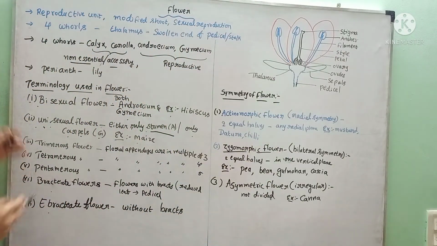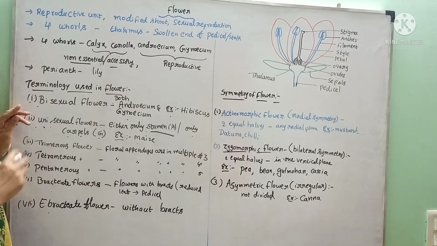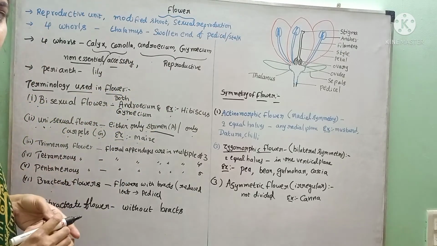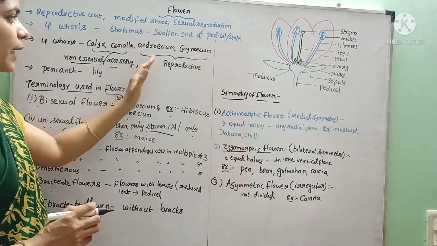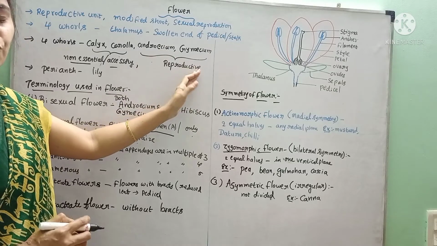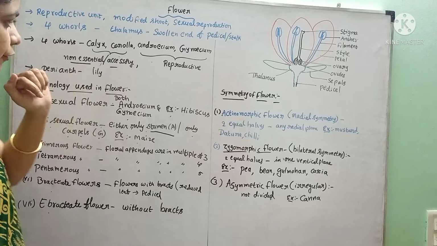The calyx and corolla are called non-essential or accessory organs of the flower, whereas androecium and gynecium are called reproductive organs of the flower, because the androecium is the male reproductive organ and the gynecium is the female reproductive organ. These two are involved in the reproduction in the flower.